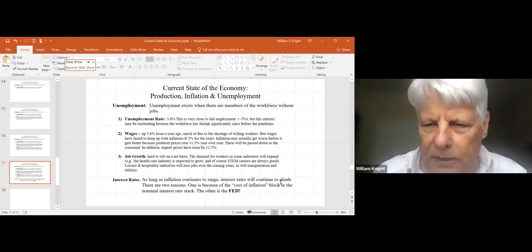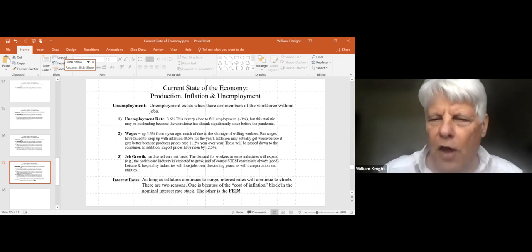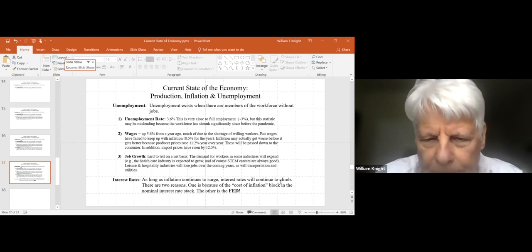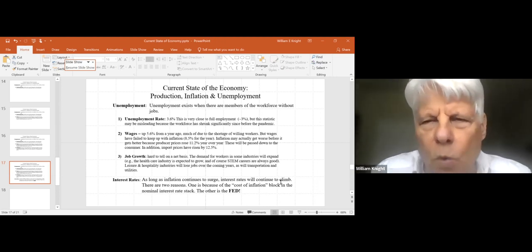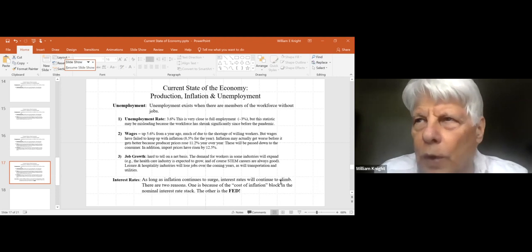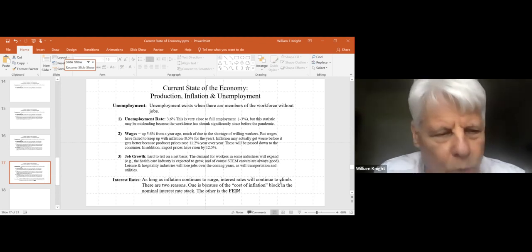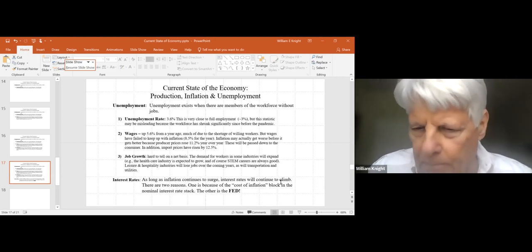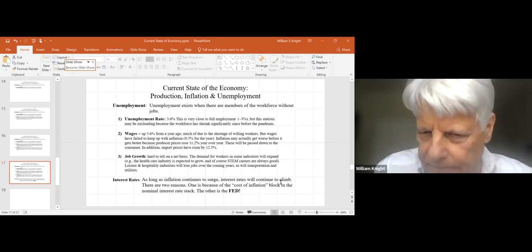The higher the expected rate of inflation, the higher will be the buffer, and therefore the higher the interest rate the borrower will pay. That's one reason why nominal interest rates are up and will likely continue to climb: inflation.